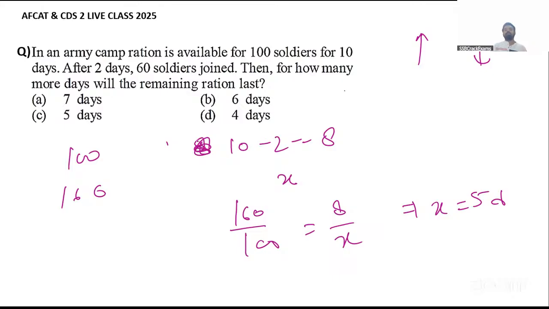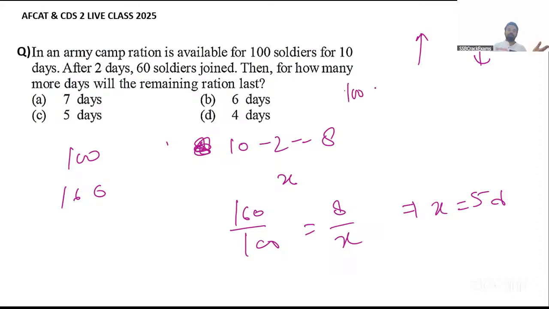So the ratio of these things is in proportion. In simple words, this question is more a ratio and proportion question than a man and work question. In the class of ratio and proportion, I will explain what ratio and proportion are.